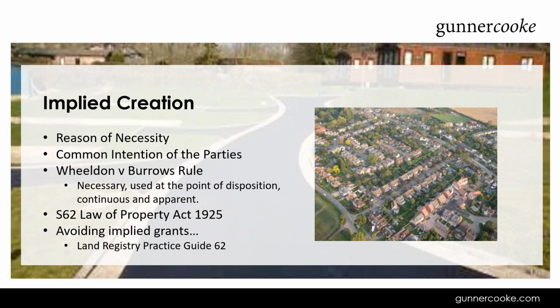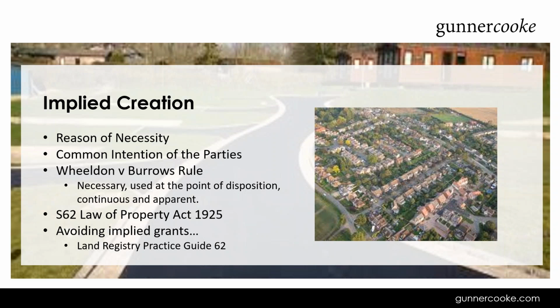It also needs to be apparent. This is not as strict as you might think it would be, because it doesn't have to be obvious that somebody is perhaps using, for example, an access way. If there is a path there or a roadway there, then it would be implied that it was apparent that it was in use.